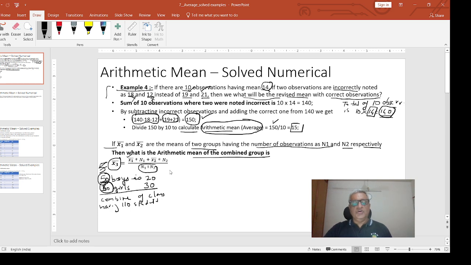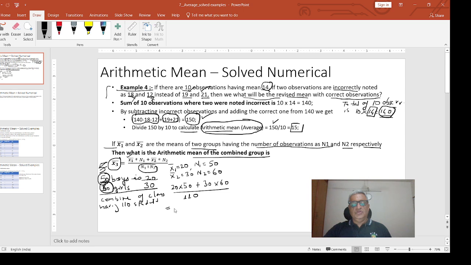So what is the formula? I apply that formula. If x1 bar is equal to 20 and n1 is equal to 50, x2 bar is equal to 30 and n2 is equal to 60, I put these values into the formula and get 20 multiplied by 50 plus 30 multiplied by 60, divided by 110, which is nothing but n1 plus n2.